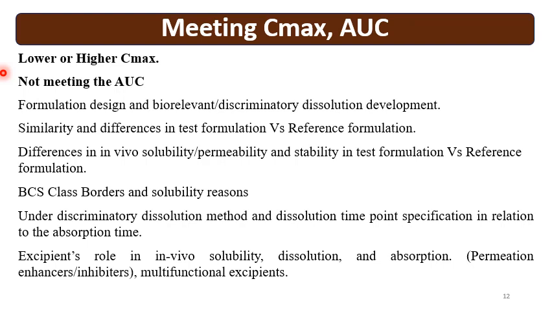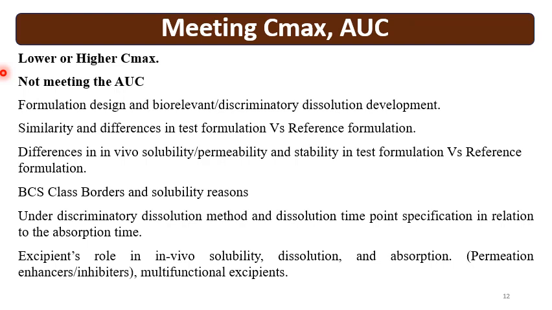And similarly vice versa can occur if the innovator uses the amorphous API and the generic product uses crystalline API.